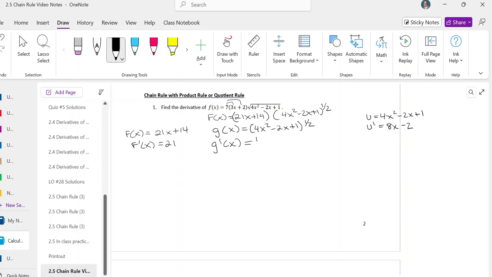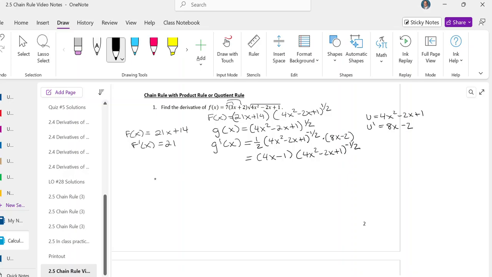So here it would be 1/2 times 4x squared minus 2x plus 1 to the negative 1/2 power times the derivative, which is 8x minus 2. Notice half of 8x minus 2 gives you 4x minus 1 times 4x squared minus 2x plus 1 to the negative 1/2 power. That would be your derivative.